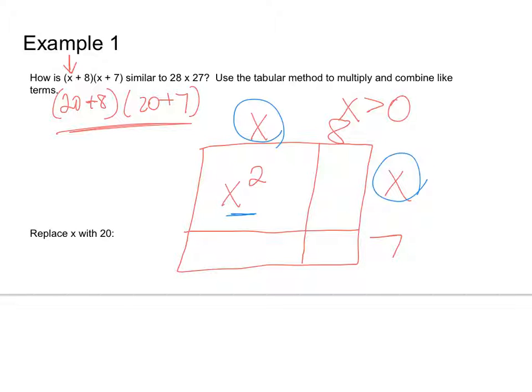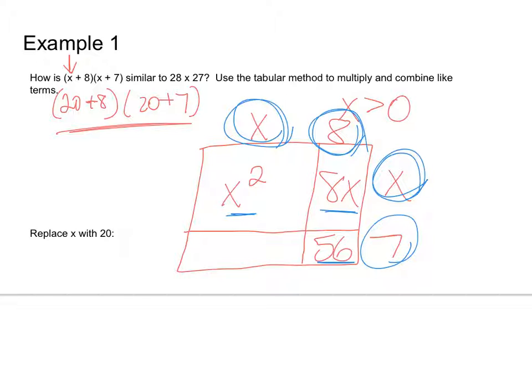Now we have 8x. Sorry, we're going to keep that in the same color. 8x. 8 times 7 is 56. See how I just multiplied 8 times 7, got 56. 8 times x, got 8x.